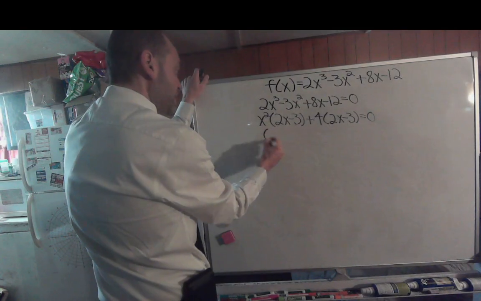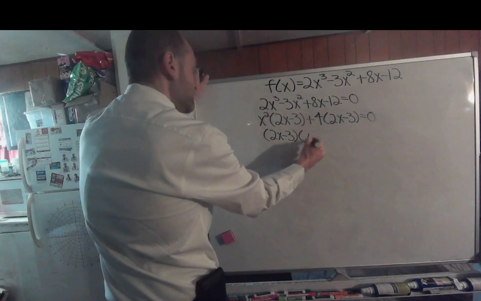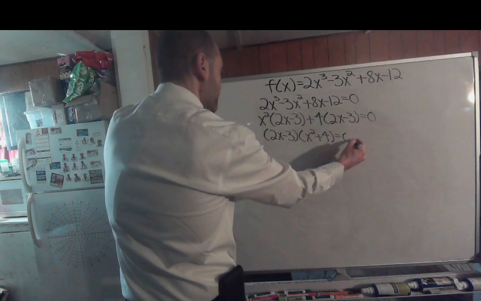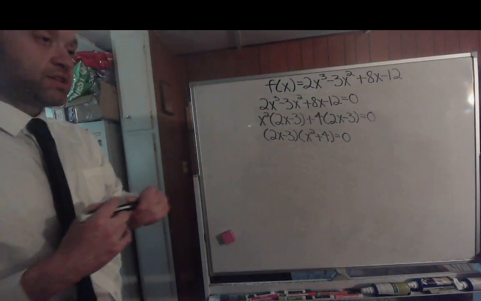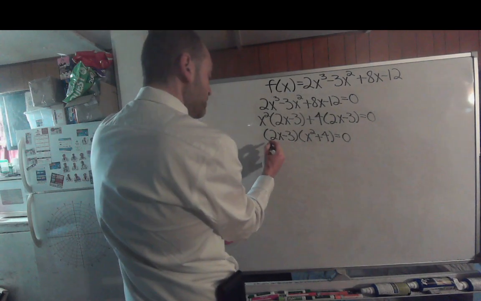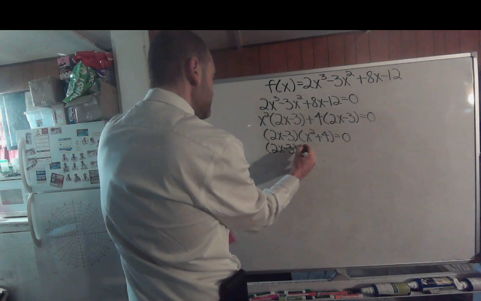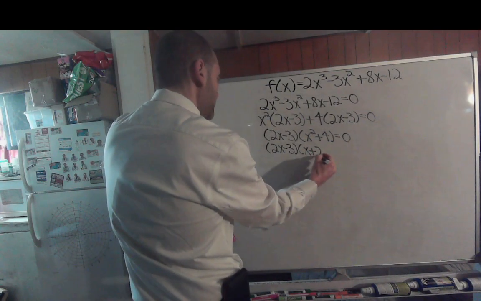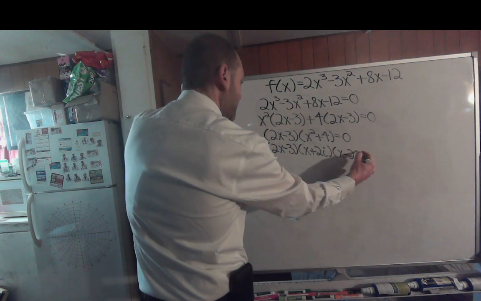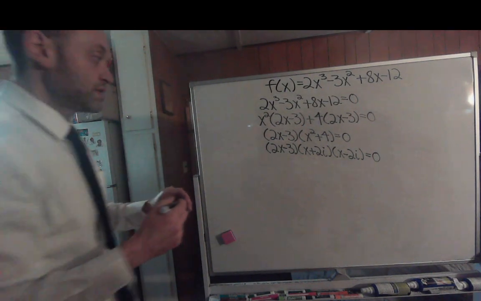So this would just factor into 2x minus 3 times x squared plus 4 equals 0. But that x squared plus 4 is the sum of two squares, so it'll factor further into the quantity of 2x minus 3 times x plus 2i times x minus 2i is equal to 0. Now we have three linear factors.